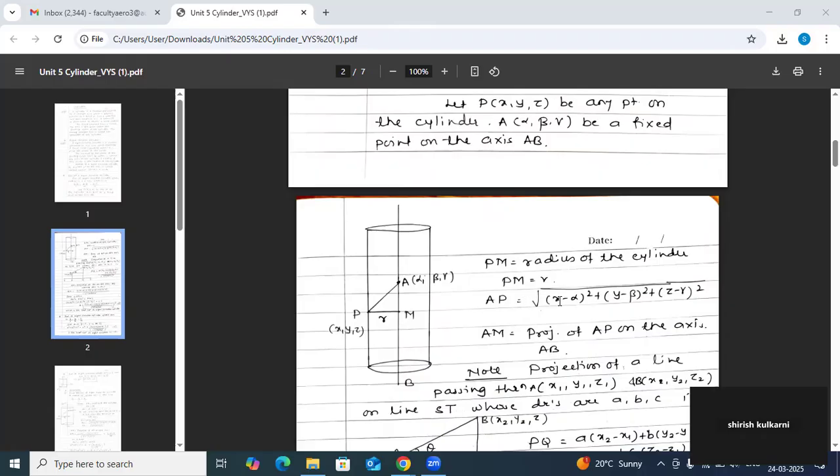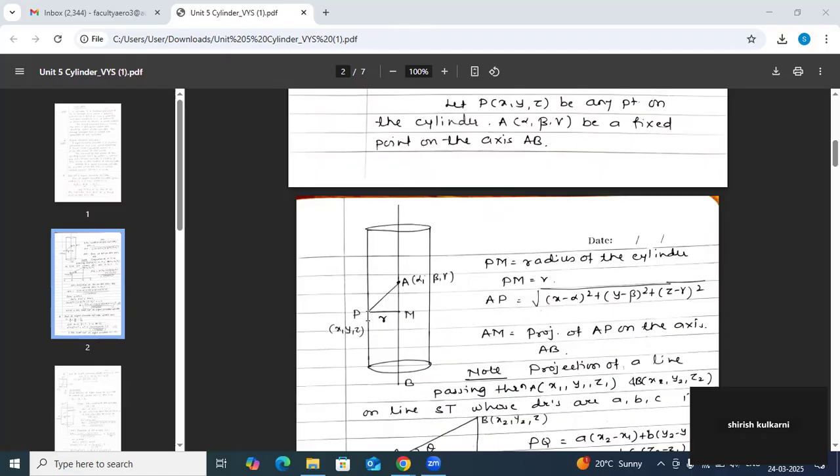AP is equal to the square root of (x minus alpha) square plus (y minus beta) square plus (z minus gamma) square. AM is the projection of AP on the axis AB. You have to find out the distance AM. You have to find out the distance AP, and you know the distance PM.